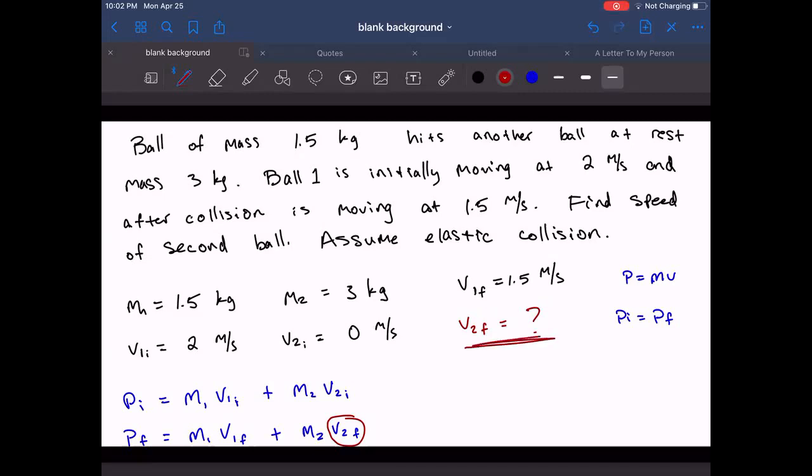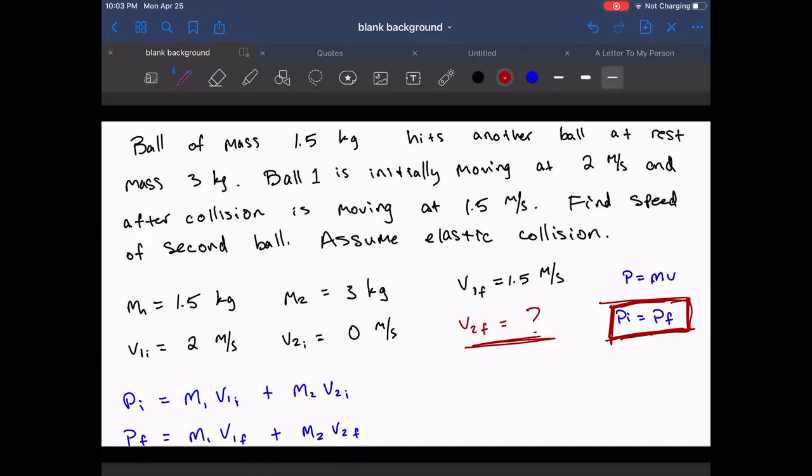Yes. So how do I do that? You would use the PF equation that we just used. So you use PF equals M1 V1F plus M2 V2F.